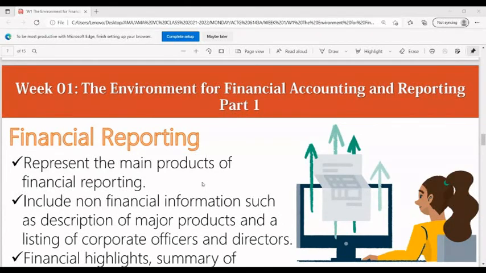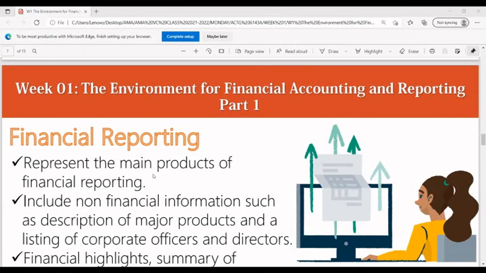It's either monthly, quarterly, semi-annually, or yearly, to know what is happening in their business or their organization, and also to decide if they will continue the operation or not.